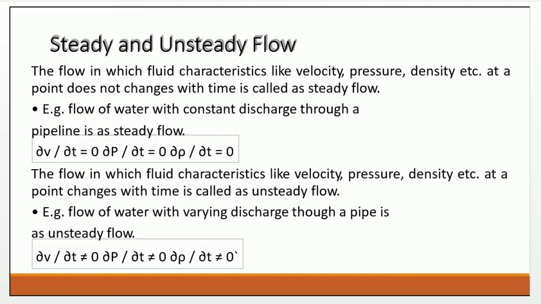So in a steady flow, the change in velocity with respect to time is constant, and the change in pressure and change in density with respect to time is also constant, so it is equal to 0. In an unsteady flow, the fluid characteristics like velocity, pressure, density at any point change with respect to time.